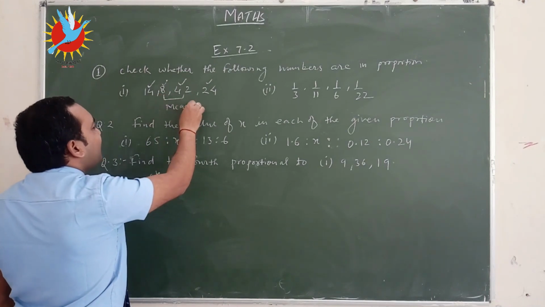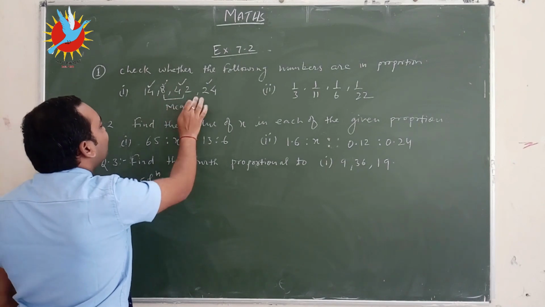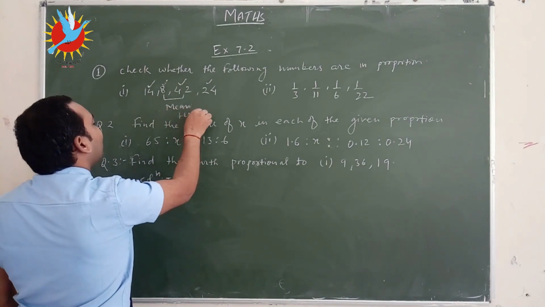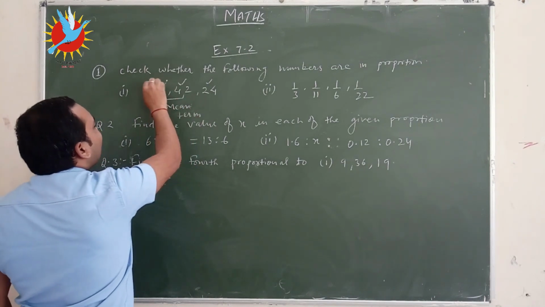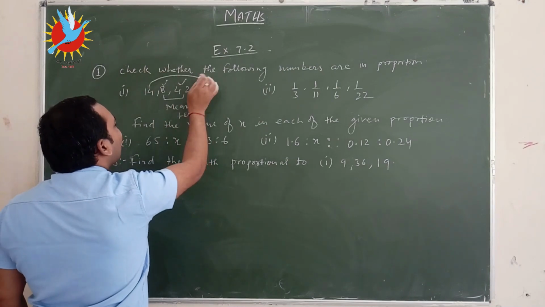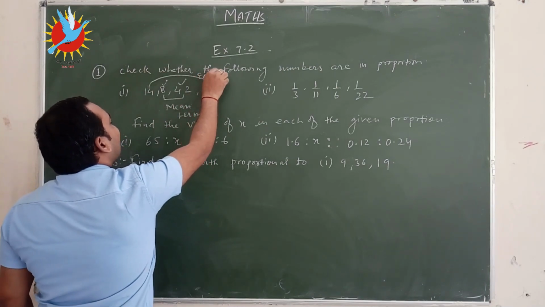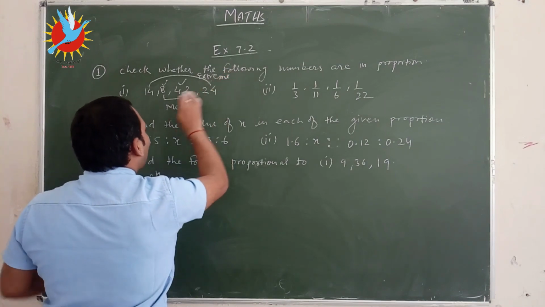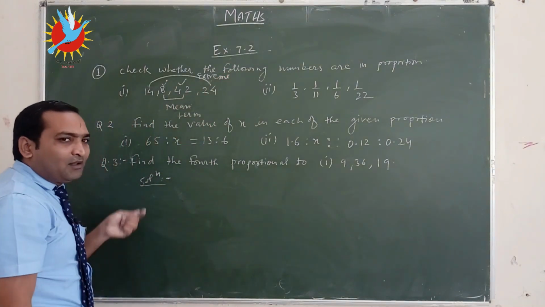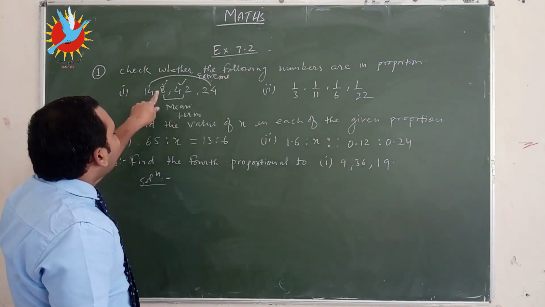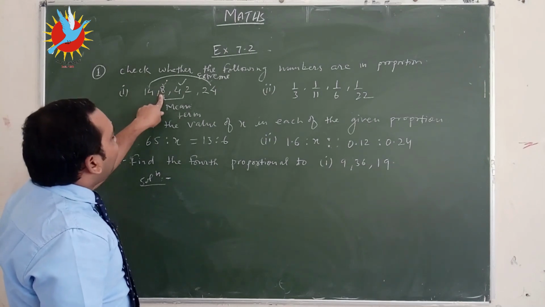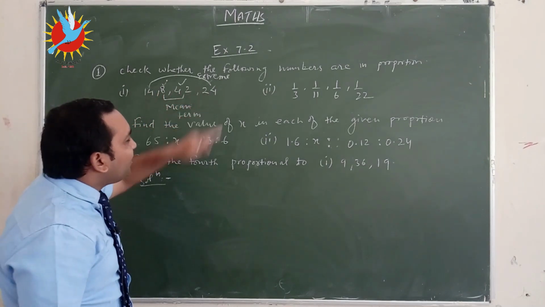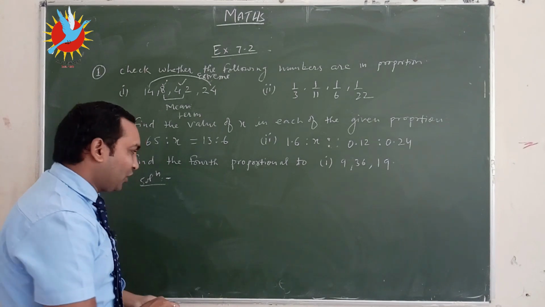When we multiply the mean terms and then multiply the outer extreme terms, if both products are equal, then we can say that 14, 8, 42 and 24 are in proportion.